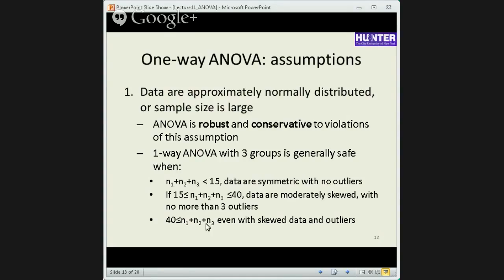Of course, if you have more groups, then generally you might need a slightly larger sample size. But 40 is a pretty big sample size when it comes to ANOVA.